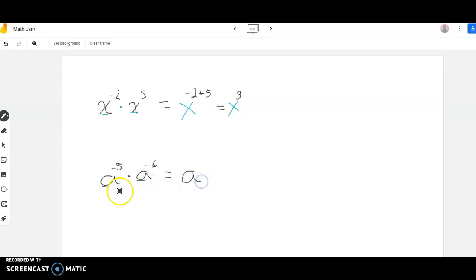They are the same, so we can apply the product rule by adding the exponents: a negative 5 plus a negative 6. If we think of money, I owe 5 to my brother, so I'm negative 5 in debt with him, and I owe 6 to my sister. Together I owe a total of 11, so I'm at a negative 11. My final answer is a to the negative 11.